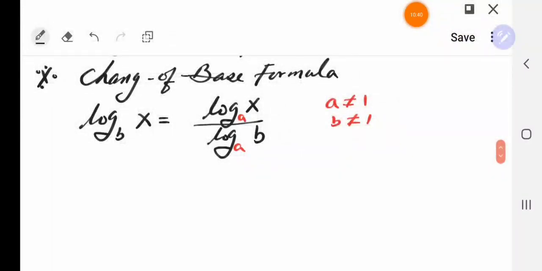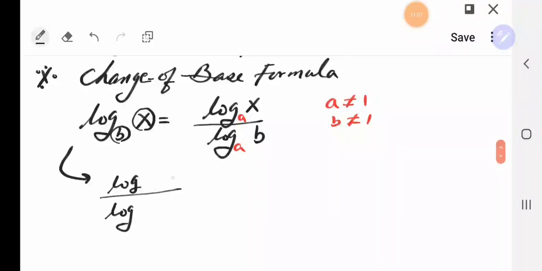Okay, next we will learn the change of base formula. Here is a logarithm base b of x. Then we can separate this x and the base using logarithms. If you see the right side, this will be two logarithms in the numerator and denominator.